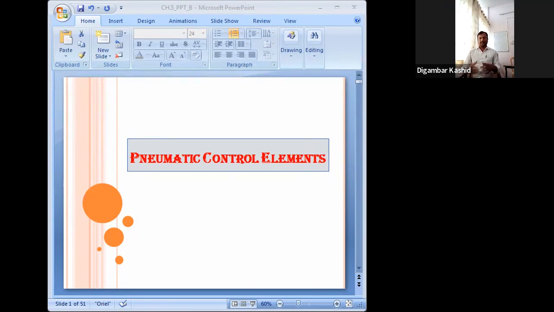Likewise here also we are going to see the controlling elements of the pneumatic system. And what are the controlling elements of the pneumatic system? Our different valves. Okay, that we will discuss now.